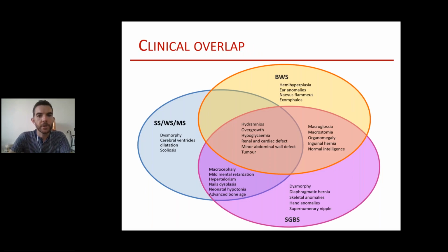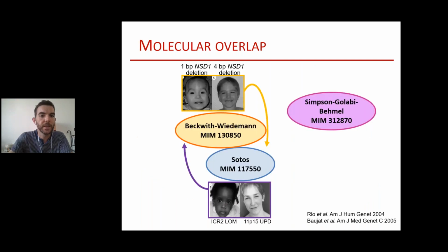So if you compare Beckwith Wiedemann, Simpson-Golabi, Sotos, Weaver, or Malan syndrome, you can see that there is a strong clinical overlap between those syndromes, meaning that it can sometimes be difficult to distinguish these syndromes between each other. There is also a molecular overlap between those syndromes.